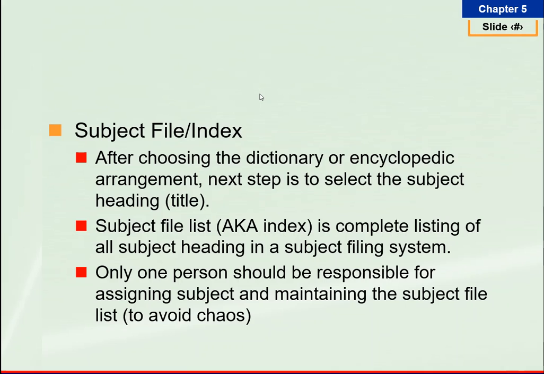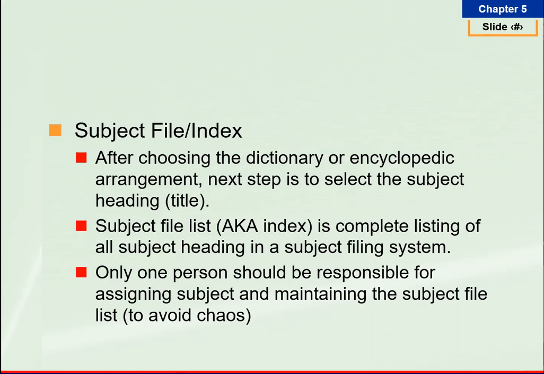Next, this is another term in subject records management, which is a subject file or subject index. After choosing the dictionary or encyclopedic arrangement, the next step is that you need to select the subject heading. The subject file list, also known as the index, is a complete listing of all subject headings in a subject filing system.